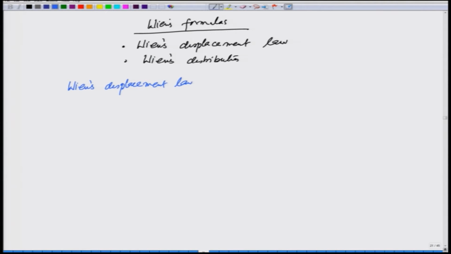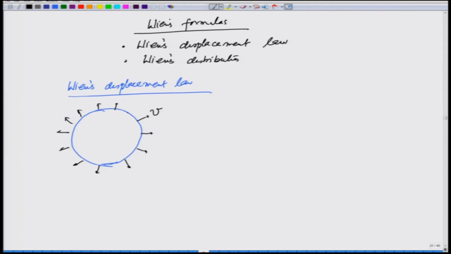displacement law. For this, he considered a spherical cavity which, let us say, is expanding or contracting with a very small velocity v. It could be either way.